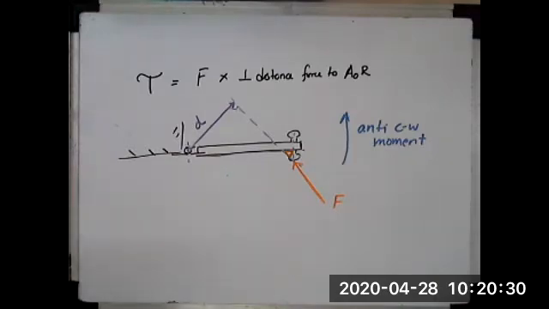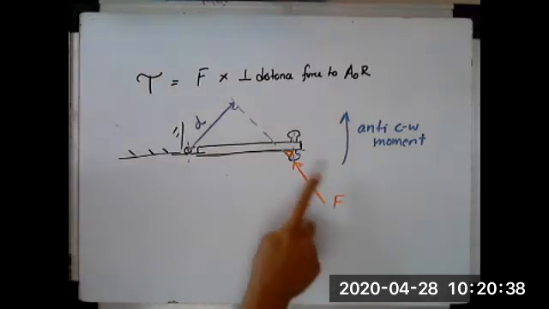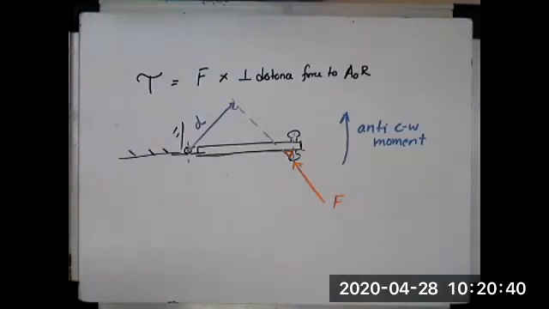Okay. So the question that can be asked is that how shall we resolve this force F in such a manner that we get two useful components for our analysis, at least one of which is doing the work that we want done. Okay, so shall I repeat that?